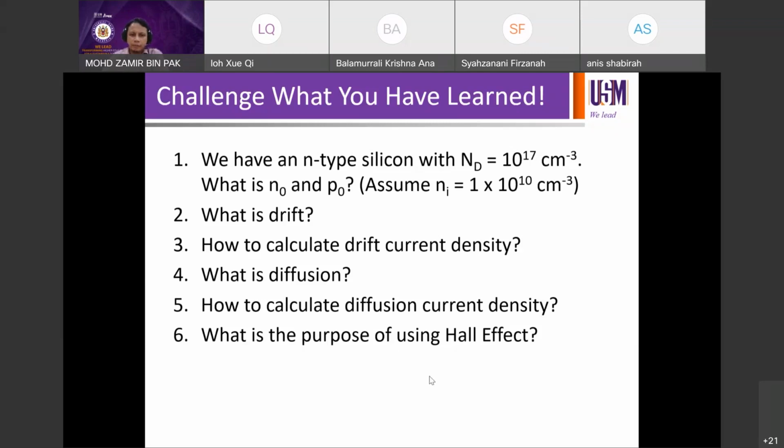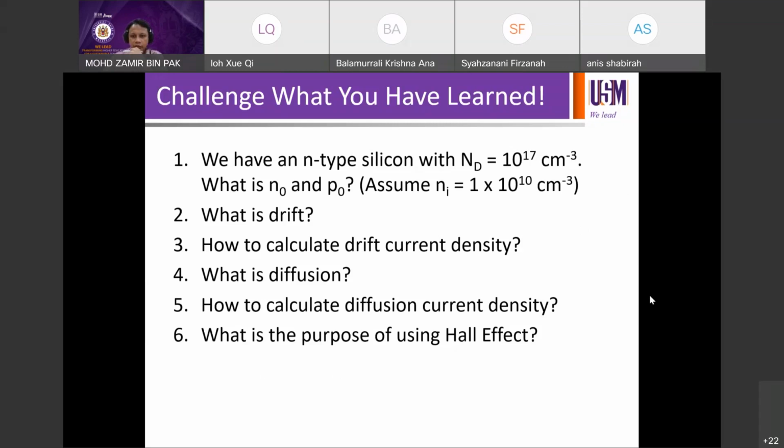So what is the purpose of using Hall effect? Final question. Why do we use Hall effect? What is it for? What properties are we trying to measure or characterize?